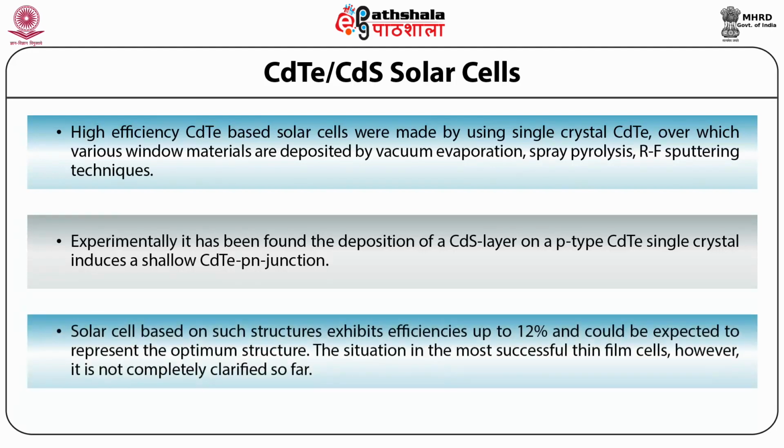Solar cell based on such structures exhibits the efficiency of up to 12% and could be expected to represent the optimum structure. The situation in the most successful thin film cells, however, is not completely clarified so far.